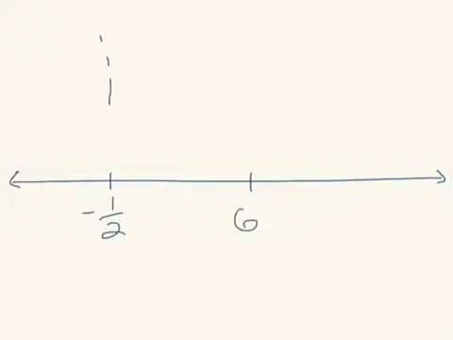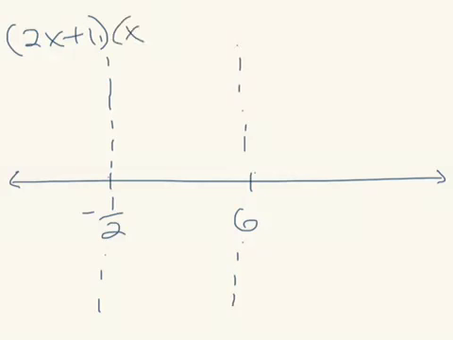And then I like to draw dashed lines here so I can set these two apart. And now I want to remember that my inequality was (2x plus 1) times (x minus 6) less than 0.